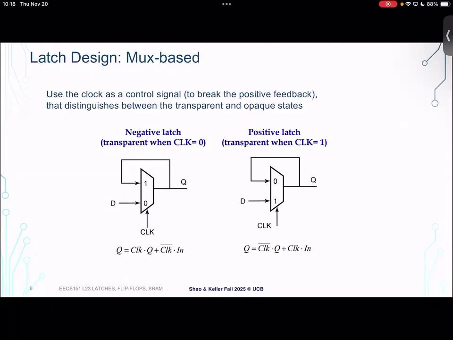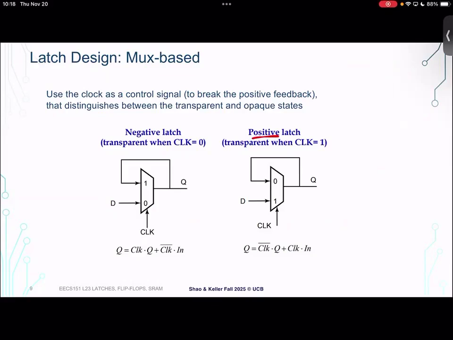Right? Recall that what we want for the latch functionality is when clock is high, it passes D through to Q. And when clock is low, it remembers the previous value and outputs that as Q. And you can see that these latch designs, in particular the positive latch, does exactly what I described.